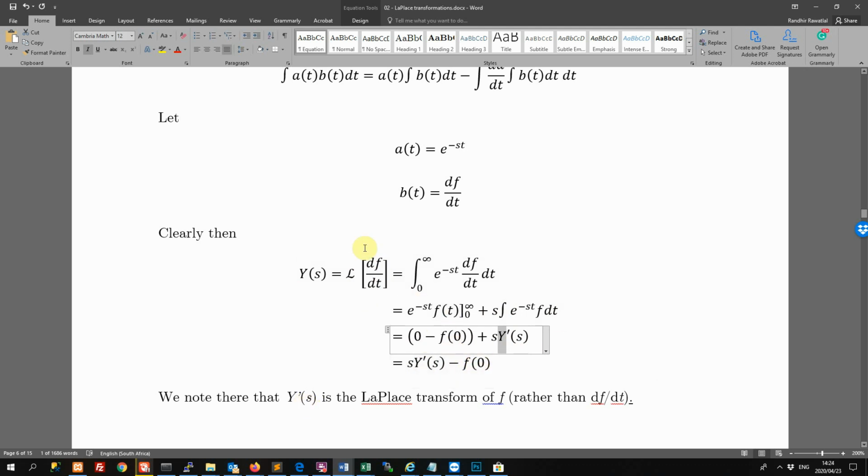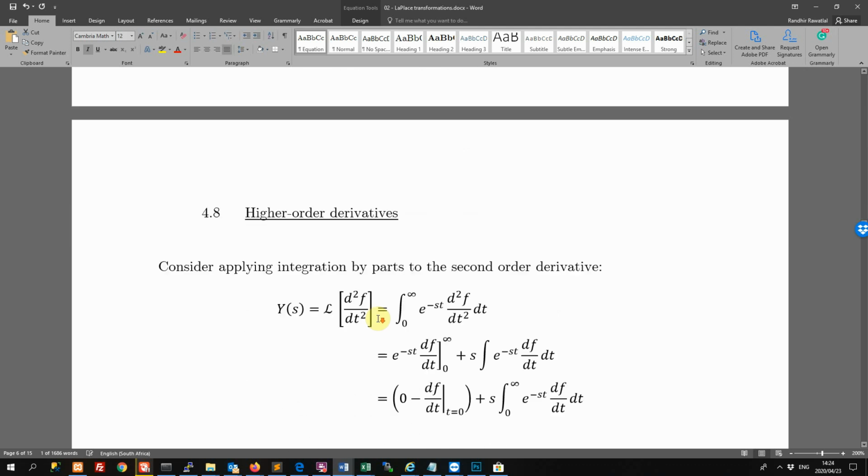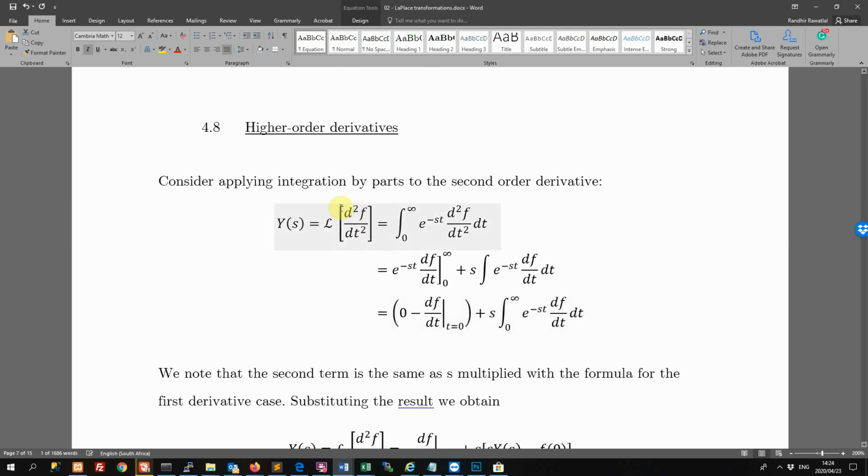Right, so if we are interested then in higher derivatives, let's say it was the second derivative that we were interested in, then we would apply the same approach of integration by parts, and we would choose again the exponential function as the a of t and the second derivative as the b of t.